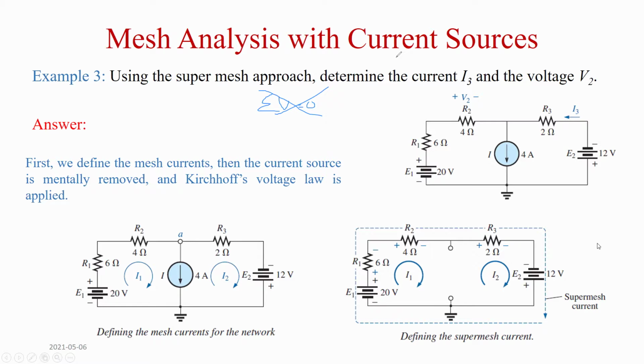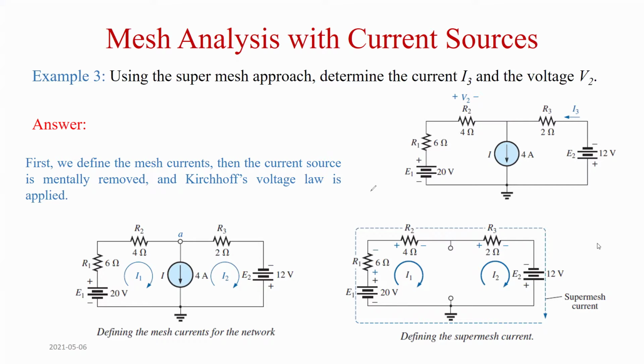So if you have a current source, you ask yourself a question: is the current source between two meshes or in one mesh? Can anyone answer this? Any answers? Is the current source in one mesh or between two meshes?